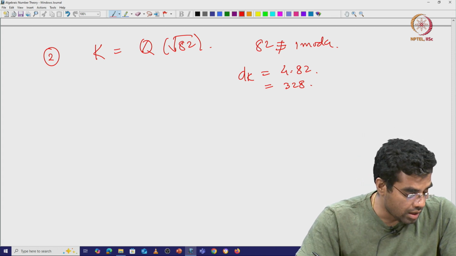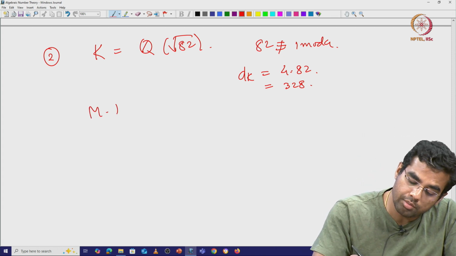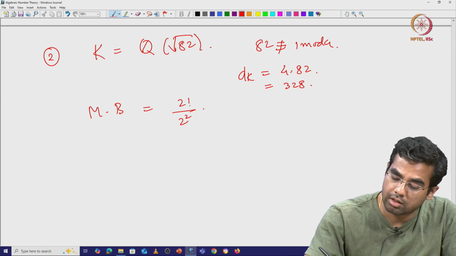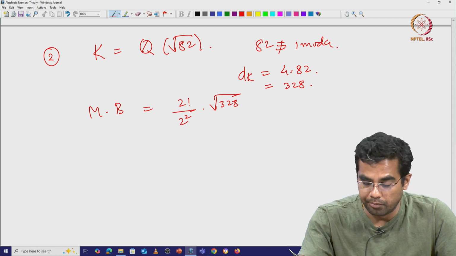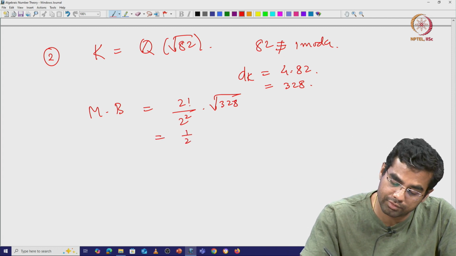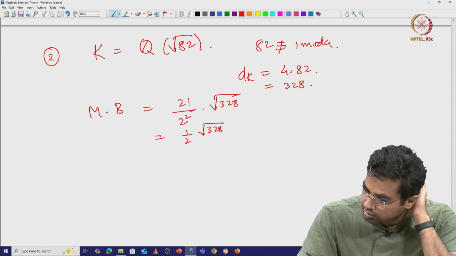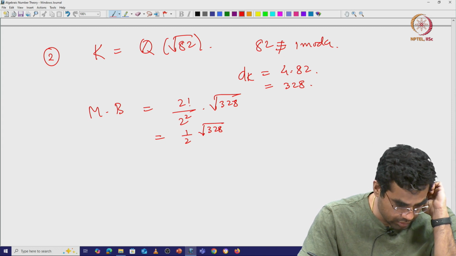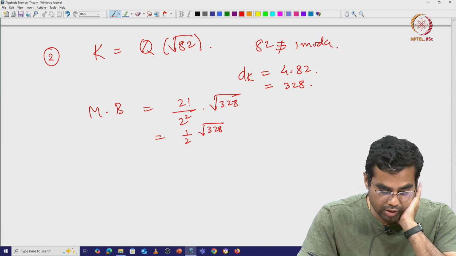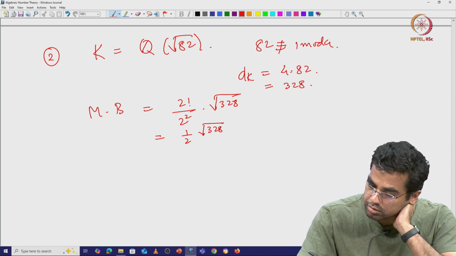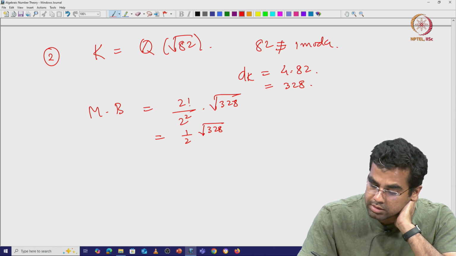And so, if you look at the Minkowski bound, this will be 2 factorial by 2 square times square root of 328. So, this is half of square root of 328, and that is roughly 18, 19 square is 361.